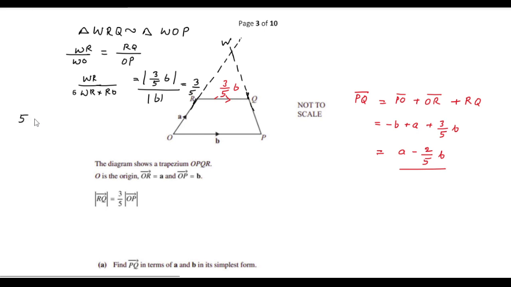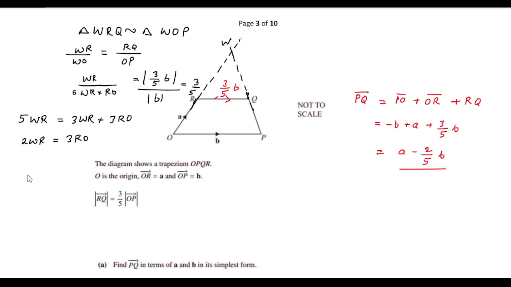So 5 times WR will be equal to 3 times WR plus 3 times RO. Okay, so I have 2 times WR is equal to 3 times RO.